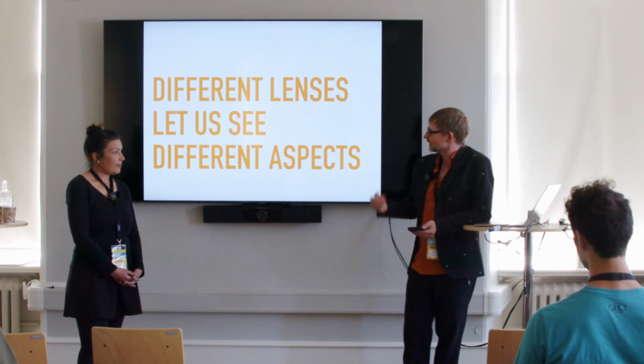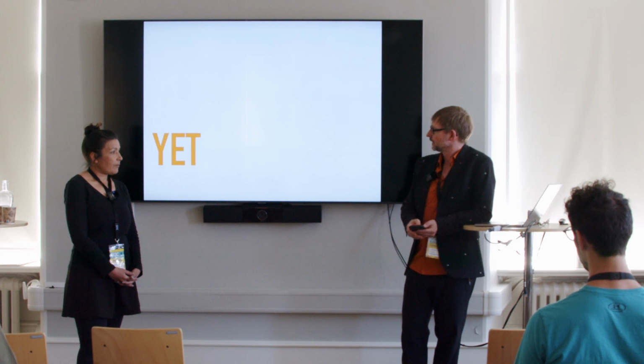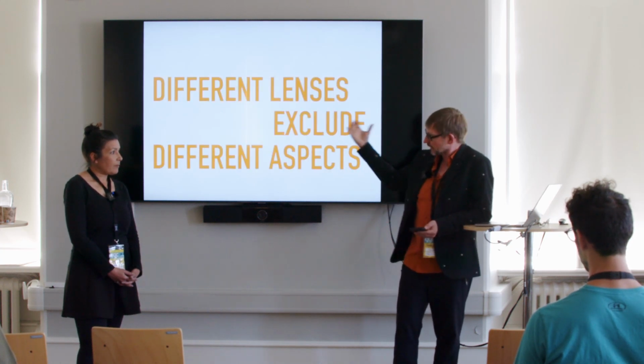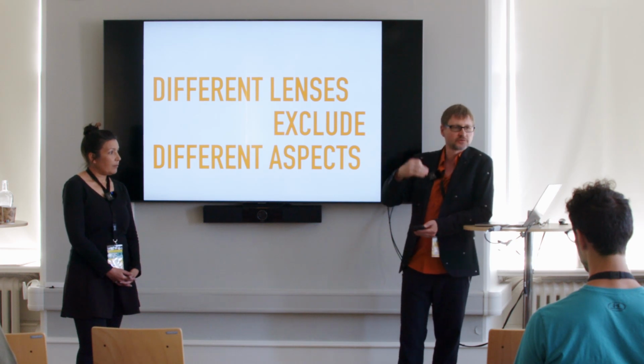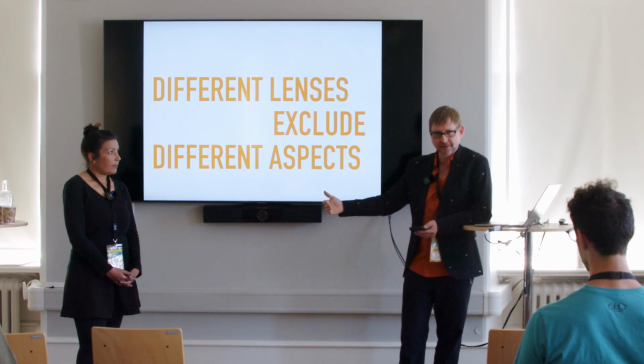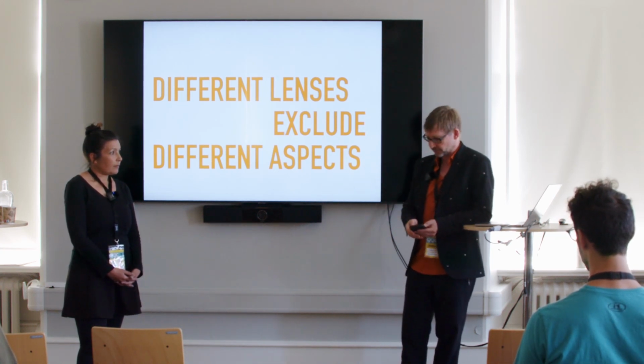So, different lenses let us see different aspects, right? Yet every lens we use excludes something else. If we use one lens, we don't use the other lens. We identify things that we wouldn't see with another lens.